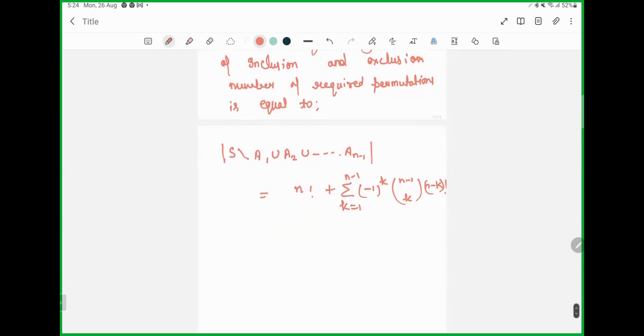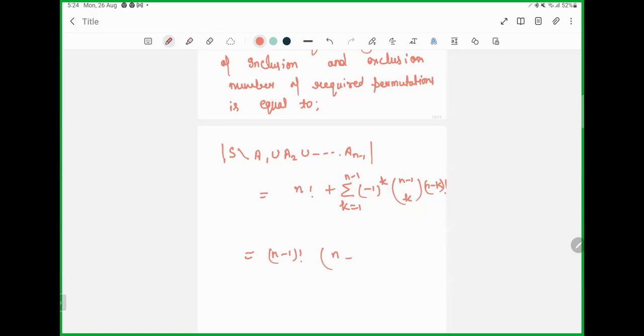That is precisely the principle of inclusion and exclusion. Now you can just solve this. Just take (n minus 1) factorial common out. The first term will be n, and for the next terms, (n minus 1) factorial is always going to appear there. Let's suppose k equals 1.